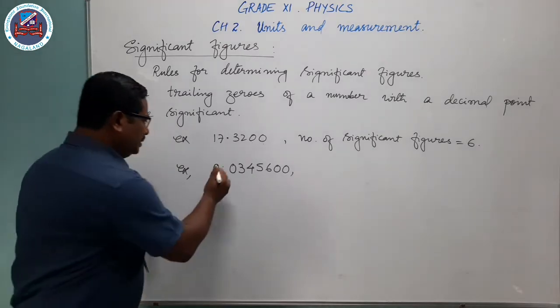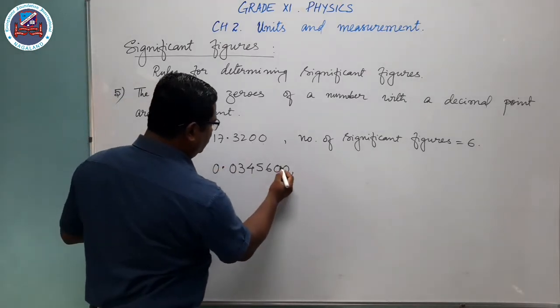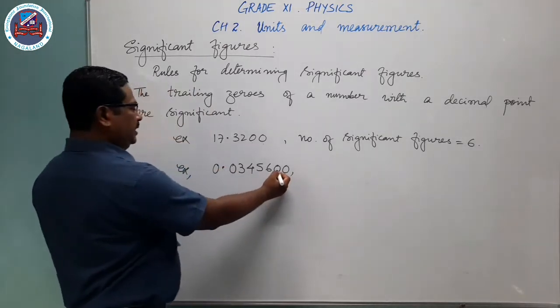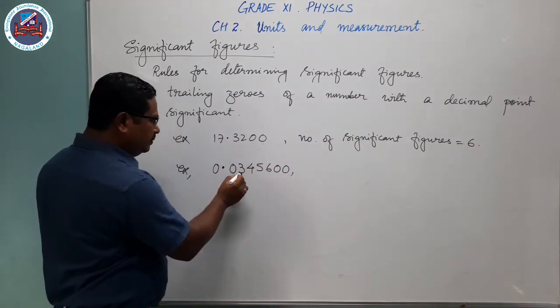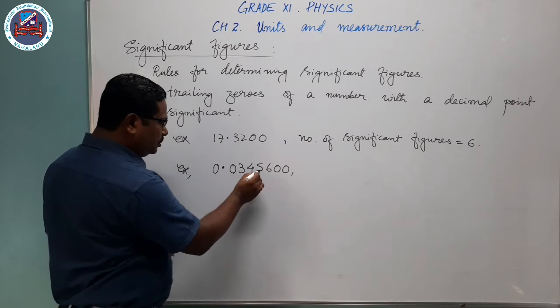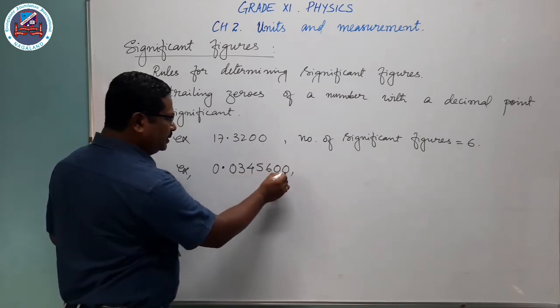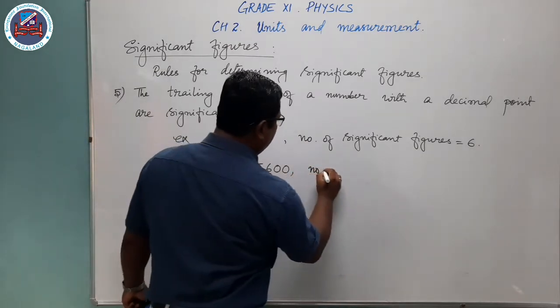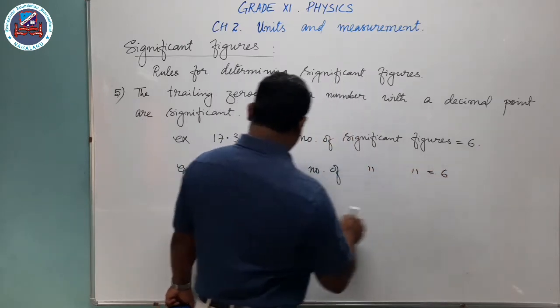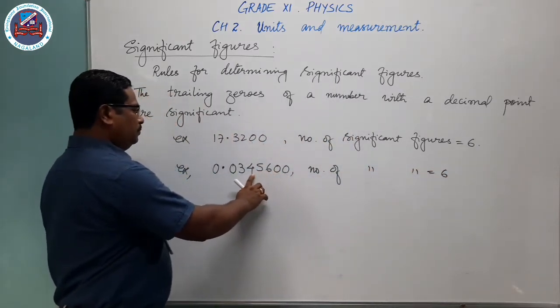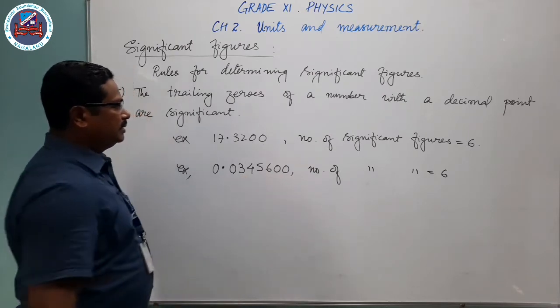After the decimal, if you get zeros at the end, they are significant, we say. But right after the decimal, they are not significant. So your significant figures will be 1, 2, 3, 4, 5 and 6. So here the number of significant figures will be 6.